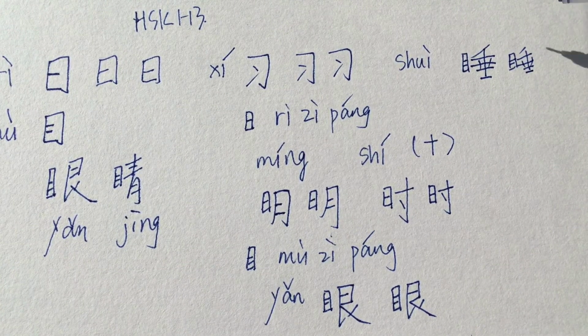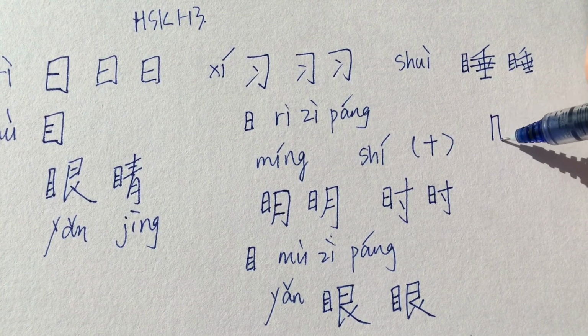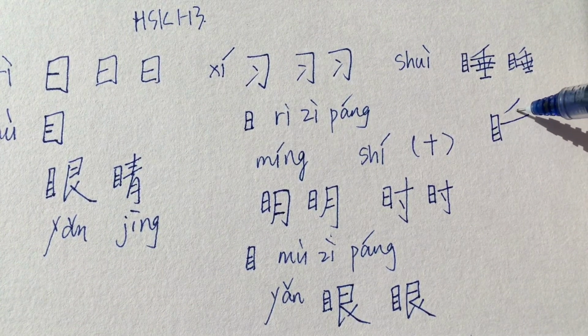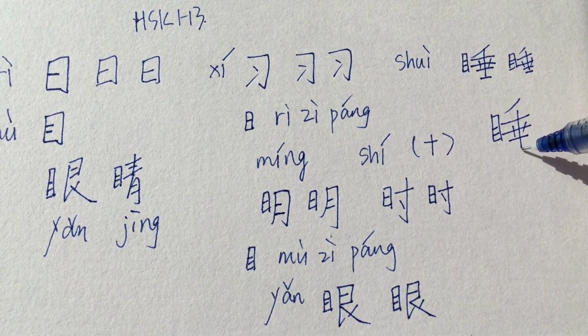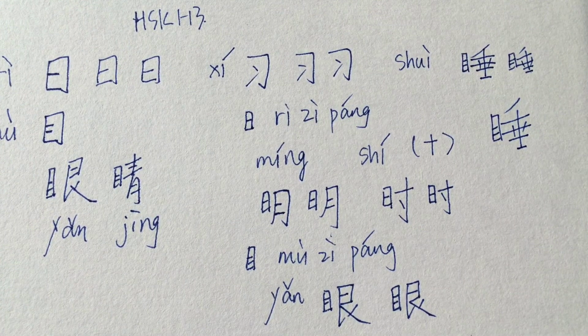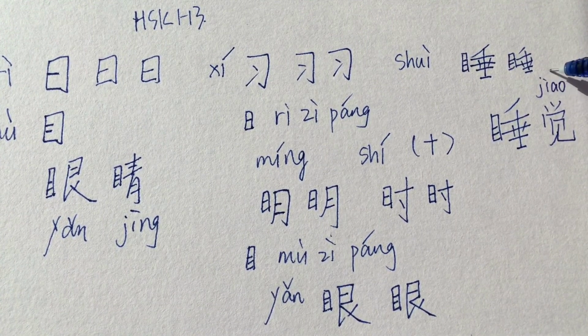Okay, so in total there are like 1, 2, 3, 4 lines, but just the last one is a bit shorter. Let me write bigger here. So this is 睡, and then 睡觉, the 觉, it is like this. 睡觉. Okay, this is to sleep.